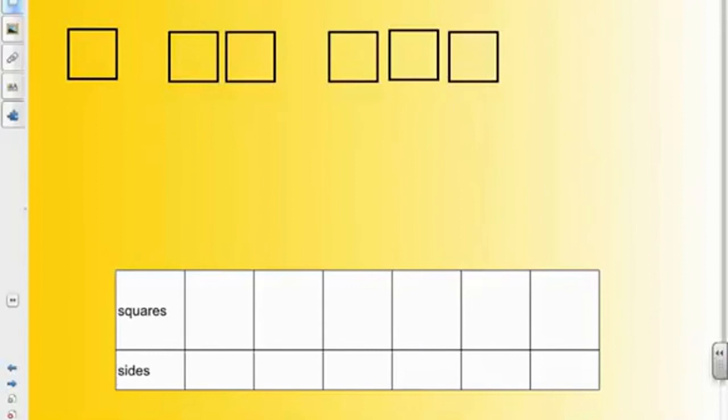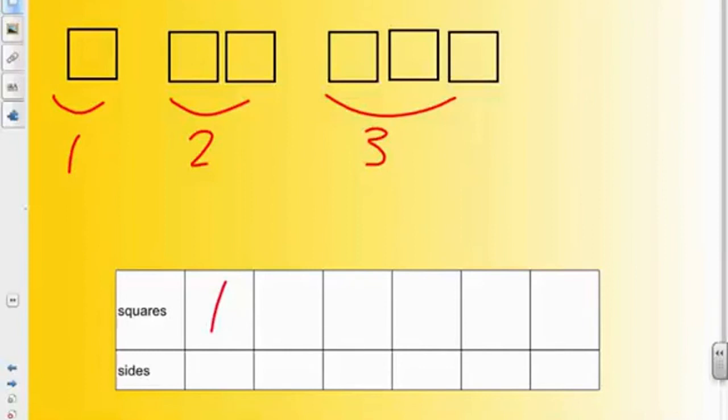Here are our squares: our first term, second term, and third term. Can you tell me, for term number 1, which is 1 square, how many sides there are? I hope you worked out it was 4. For our second term, which is 2 squares, how many sides are there?